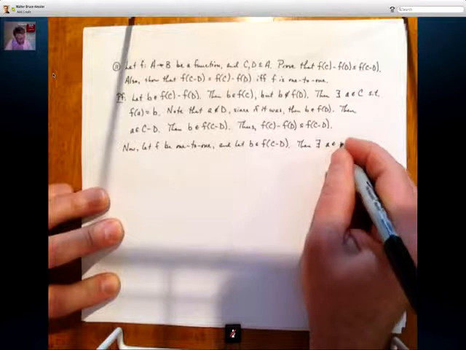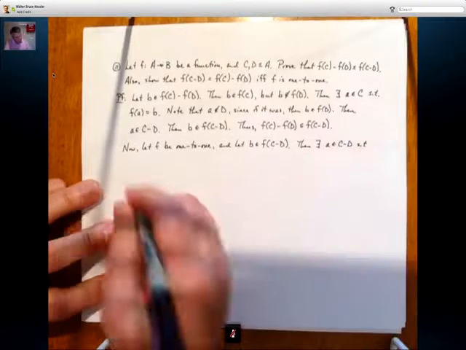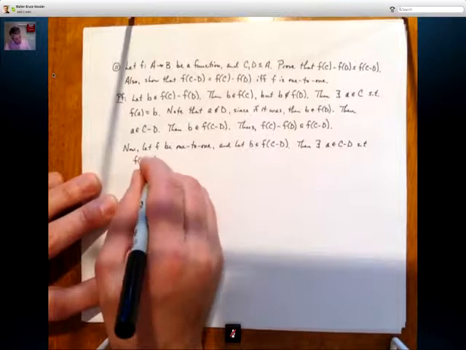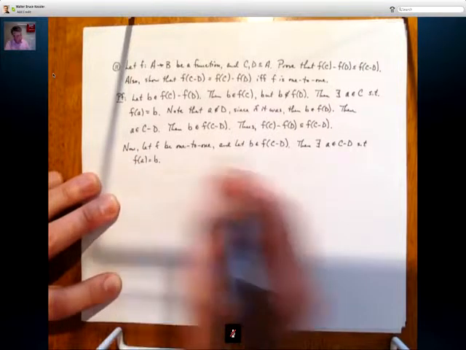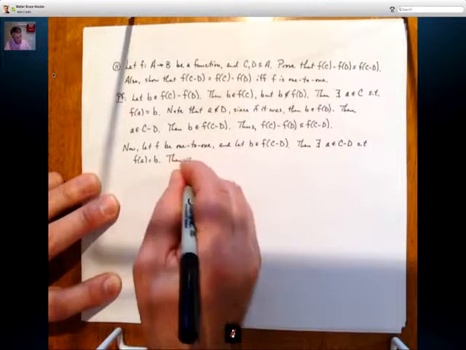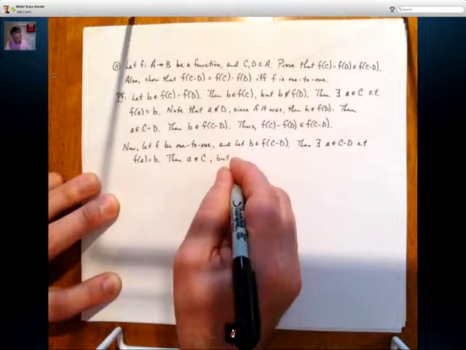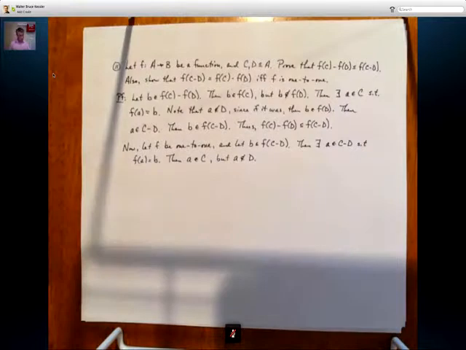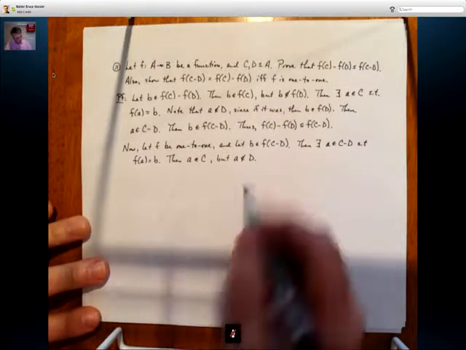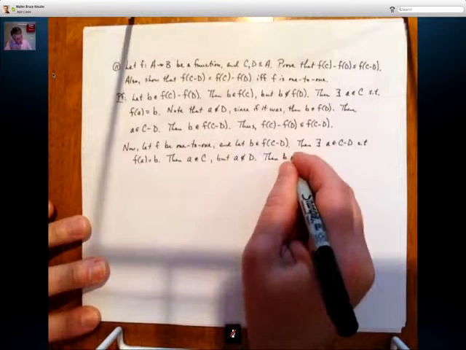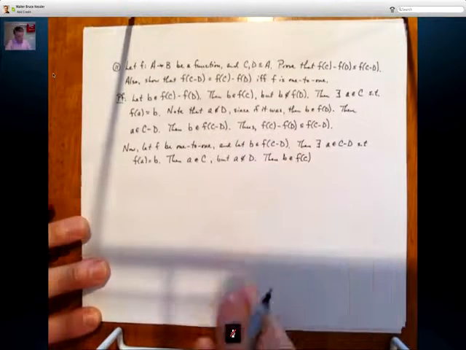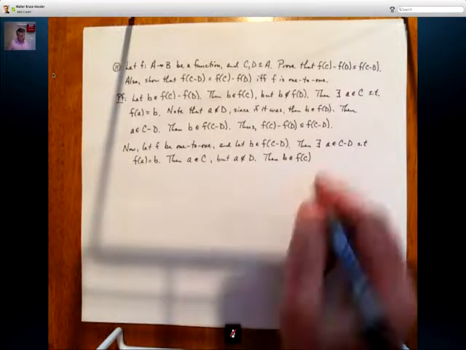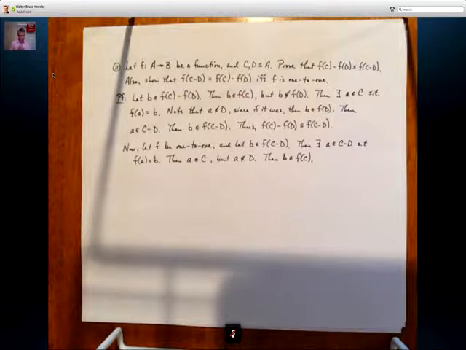What this means then is that there exists some A in C minus D such that f of A gives me the B. This means then that A is in C, but A is not in D. Well, that means then that B is in the image of C. Now we've got to consider, is it in the image of D?